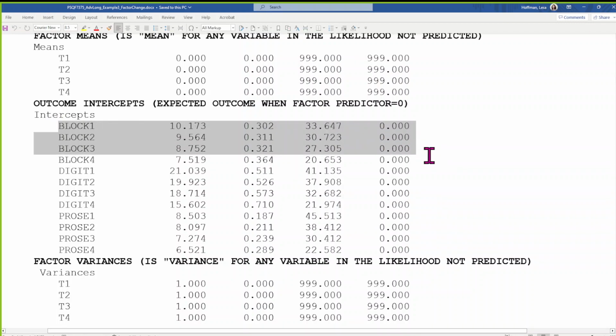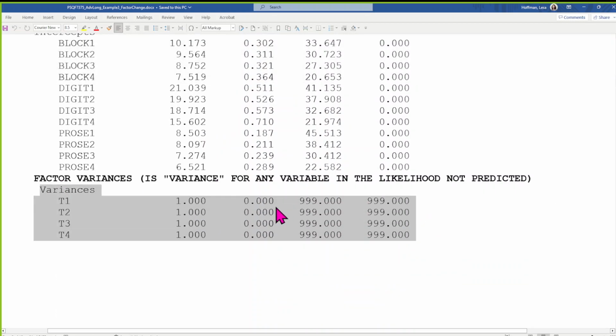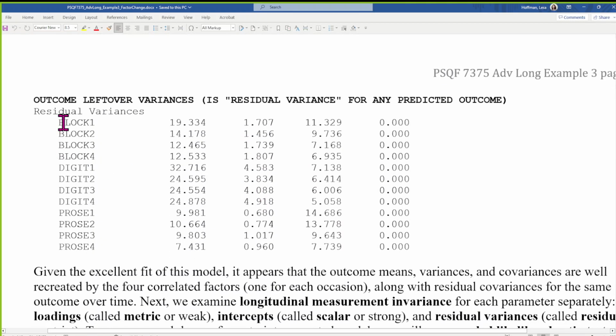If I eyeball these, it looks like people are declining over time, but I can't come to that conclusion yet because these aren't on the same scale. Factor variances are also 1 because that's what I told them to be. Leftover variances last up. This is the amount of variability in each outcome that is not predicted by the factor. Leftover was the word that I would use.